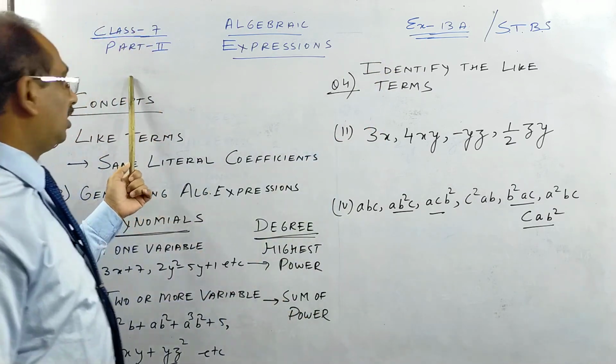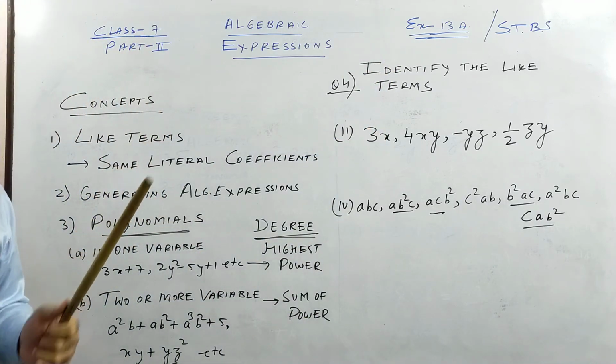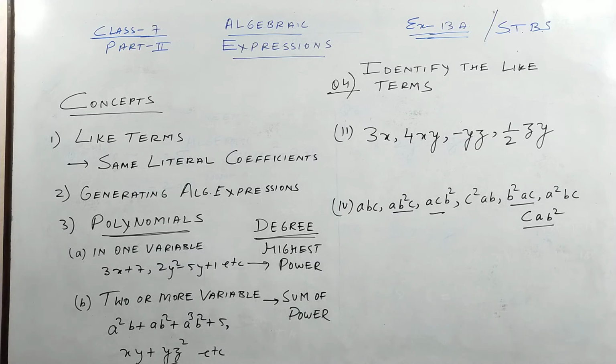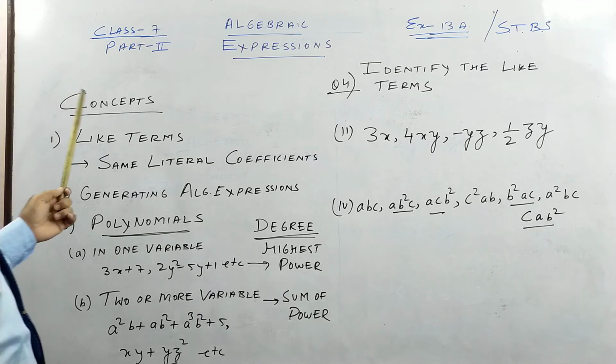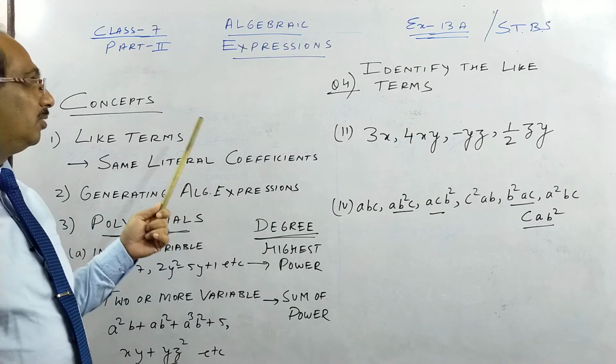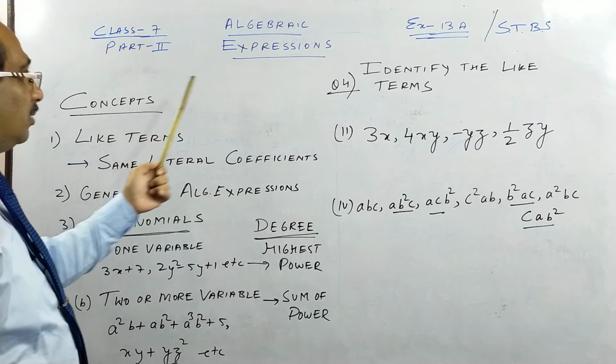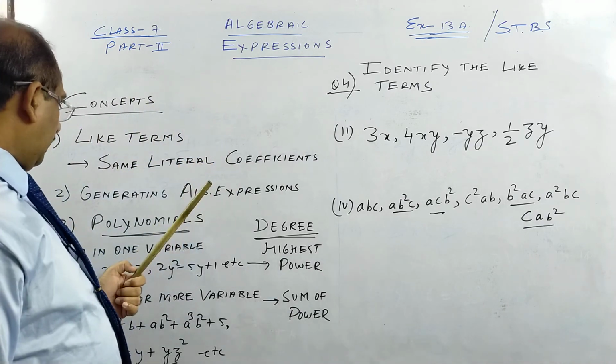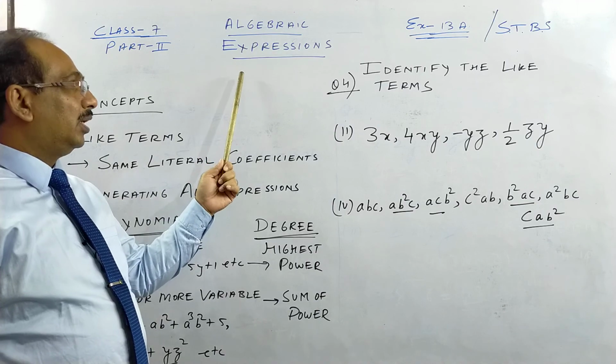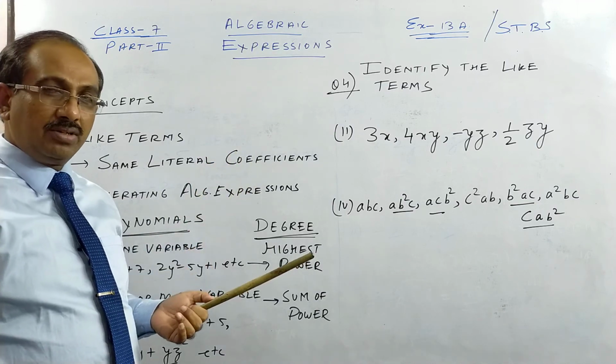In part 1 I gave you the introduction and did questions 1 to 3, where we saw what are monomial, binomial and trinomials, what are numeral and literal coefficient, and what is coefficient. In questions 1, 2, 3, I did what are algebraic expressions. So you can see that video again.